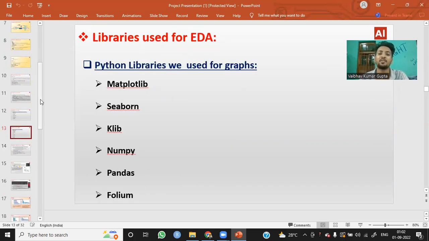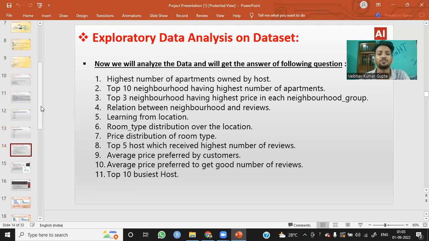The Python libraries that we use are matplotlib, seaborn, klib, numpy, pandas, and folium. Matplotlib and seaborn are used for simple plotting, and klib is used for correlation plots. Pandas is used for functioning with data frames. Folium is used for getting the geographical map using the geographical data like latitude and longitude.